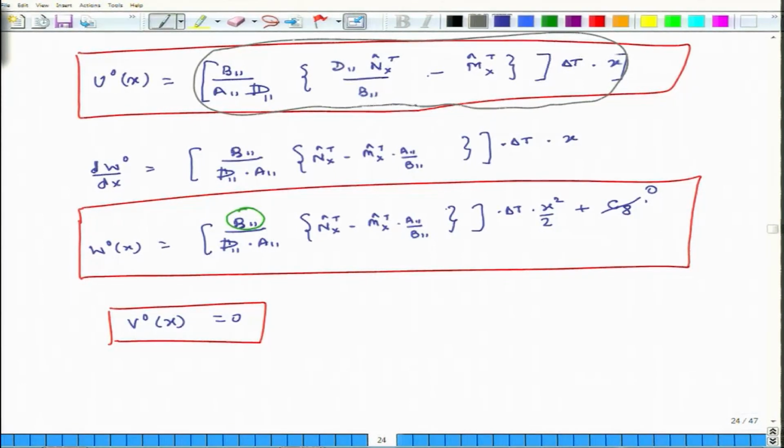So, u naught is 0. So, when there is no temperature change, then there is no u naught, and which makes sense. Similarly, the same is true for the second case also, because the entire solution is a multiple of delta t. So, that is one thing to understand.